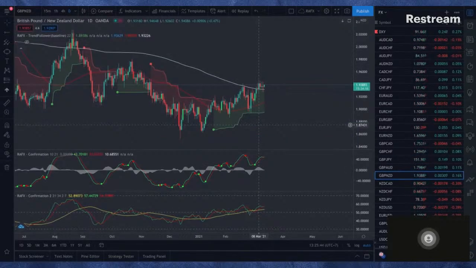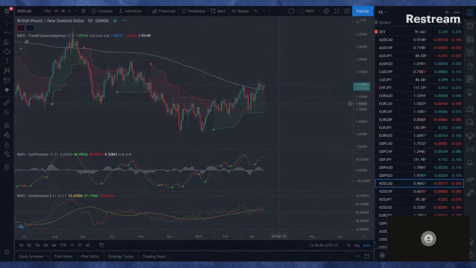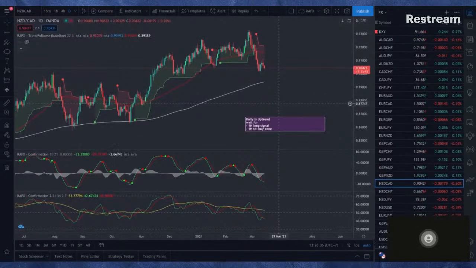GBPCAD is still in an uptrend, but I should wait until the 50 baseline crosses that 200, then I will try to look for a buying opportunity. NZDCAD is in an uptrend, but I think I still wait.